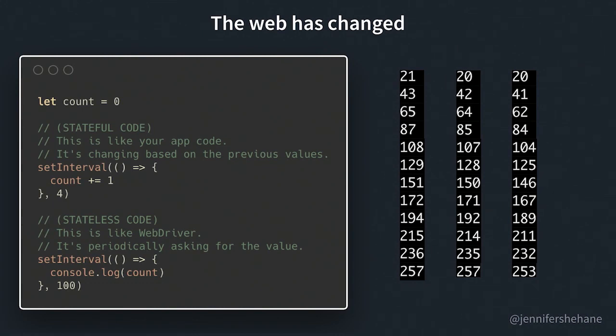When you run this code and try to get a predictable result to test the value, it ends up being impossible. So here's the output of the code that we ran, and you can see none of the values are predictably the same. So this is an example of a stateless system trying to observe a stateful system from the outside. This example is really simplified.